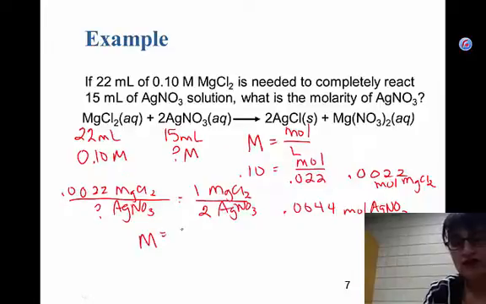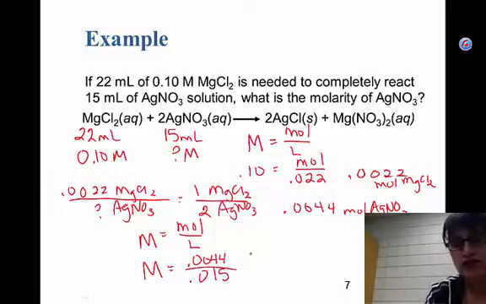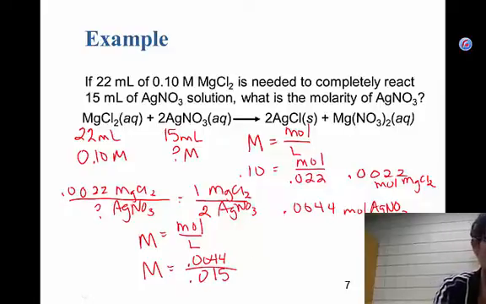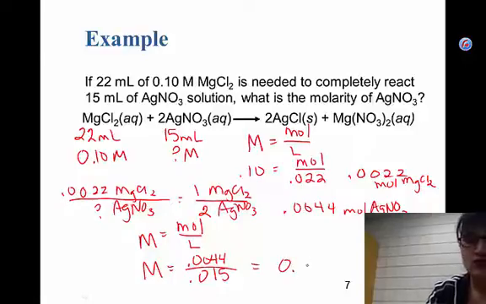So molarity is moles over liters. I don't know the molarity, but my moles I just found. My liters, I have to move that over 3, so 0.015 liters. And I'm going to get 2 significant figures, 2.9 molar.